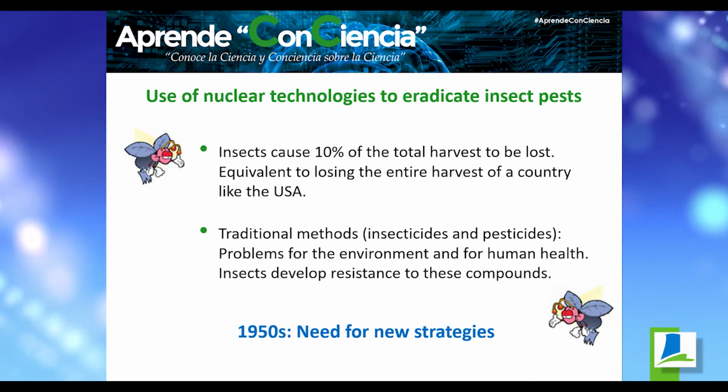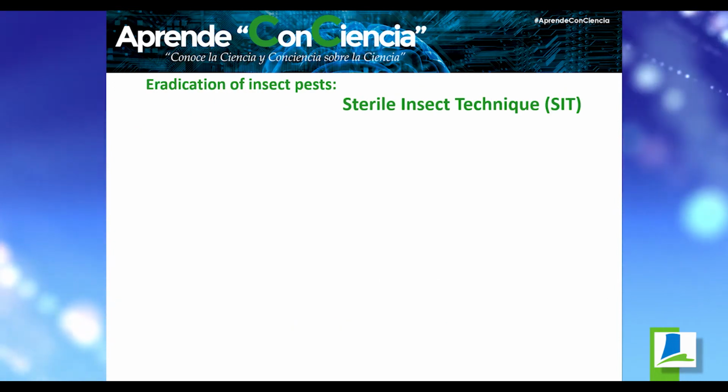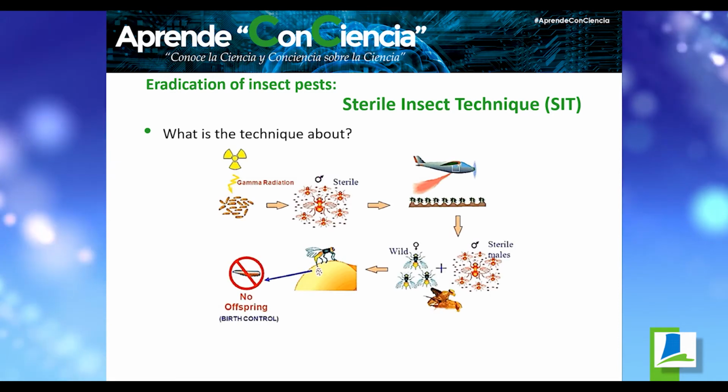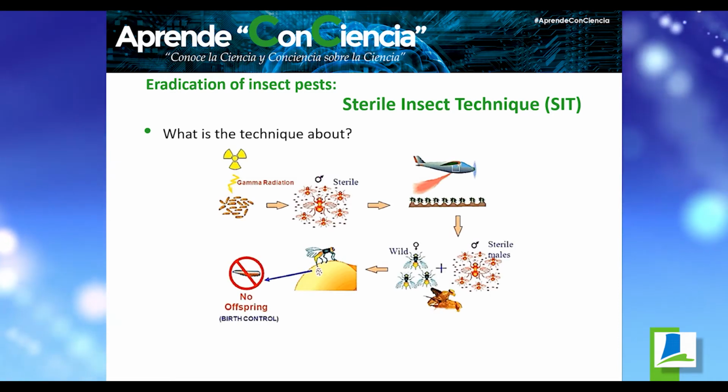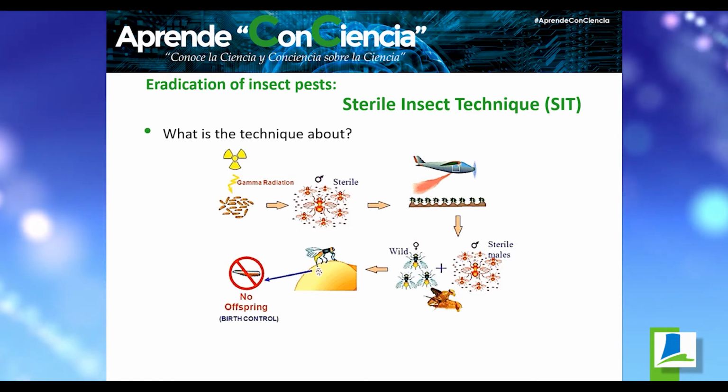In this context, the Sterile Insect Technique was developed. This technique consists of the mass rearing of pupae and larvae of the insect to be eradicated.